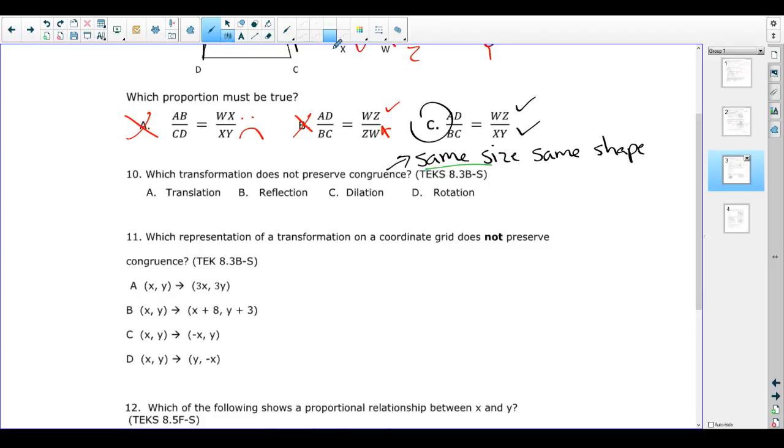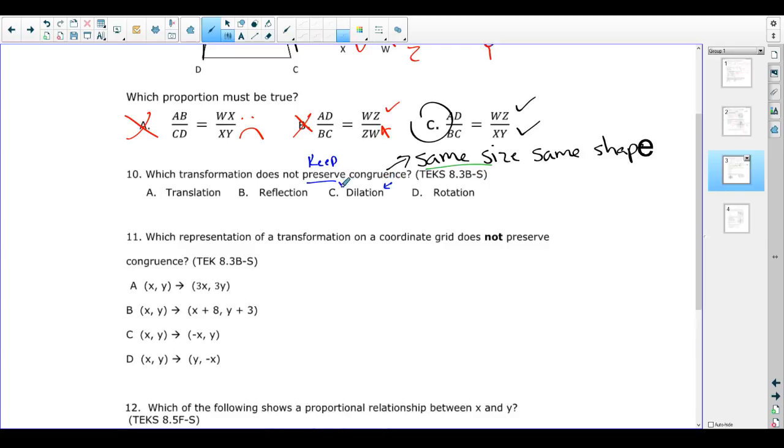When we say do not preserve, preserve means keep. So let's see, which does not keep it congruent? So which one changes the size or shape? Or which one changes the size?